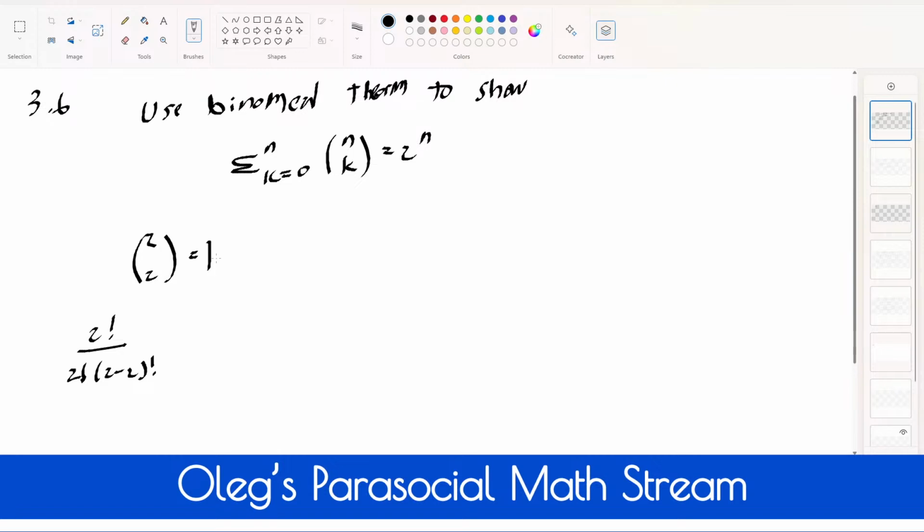Observe that 2 to the n is equal to, oh, okay, hold on. So 2 to the n is equal to 1 plus 1 to the n. Okay, so then, let's just use the, I still don't know how I would go about proving it, though.